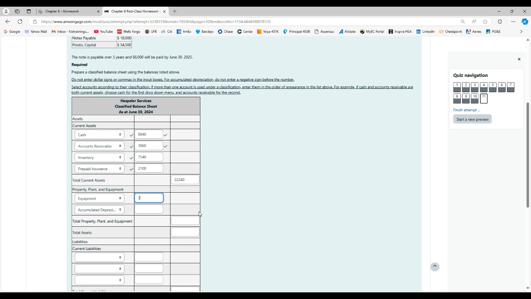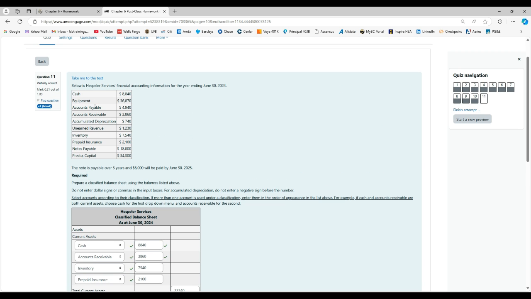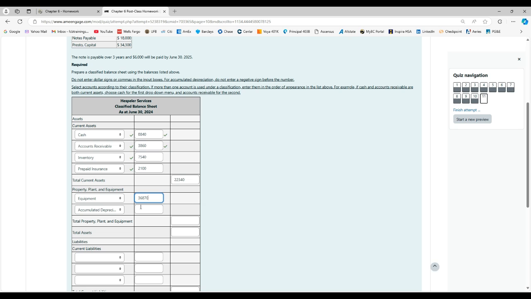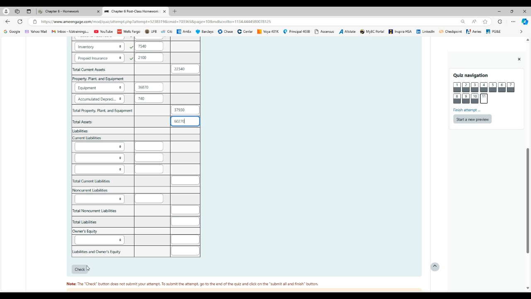So 36,870. Accumulated depreciation is 740. So 36,870 minus 740 gets 37,930. And then our total assets, adding this all together, I got 60,270.